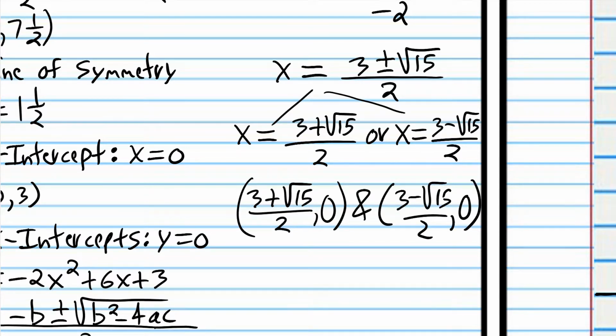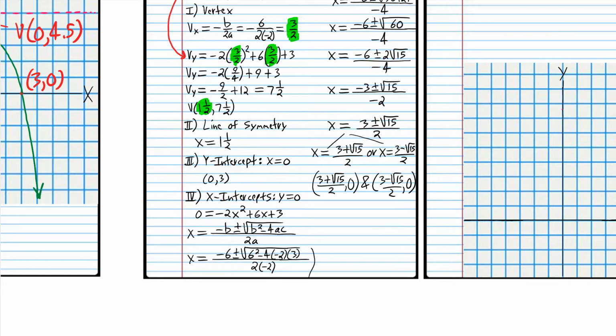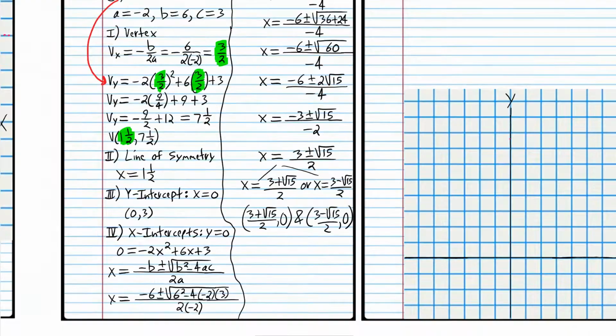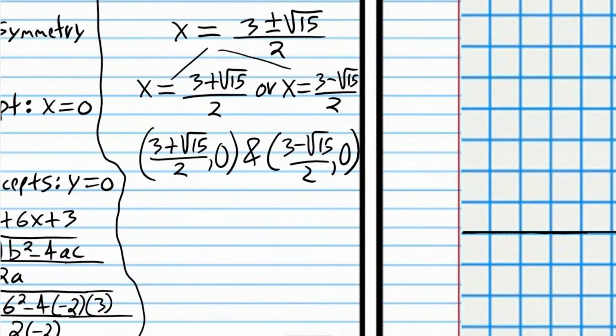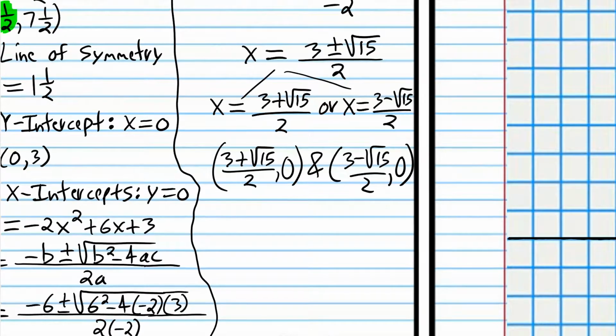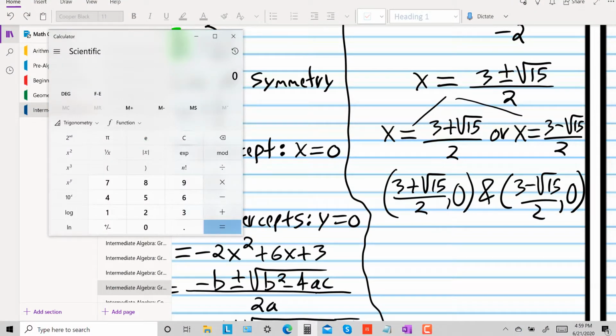So those are the coordinates that we're going to graph. The problem is we don't know where to graph on the coordinate system, because we don't know what these numbers are. It's too hard to see what exactly they are. So we're going to have to use a calculator. So let's get out the calculator.